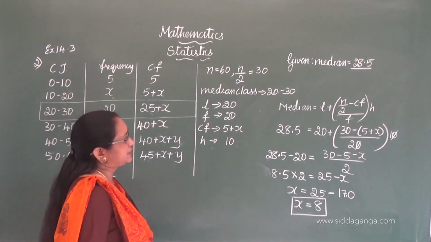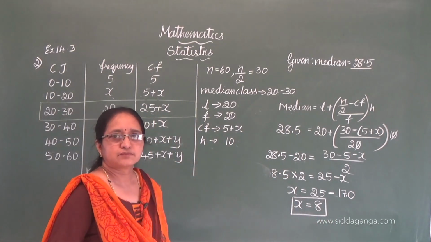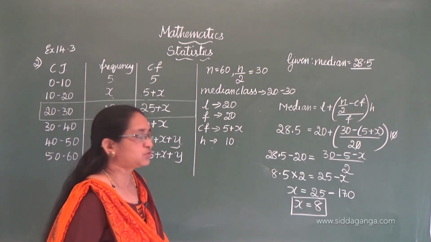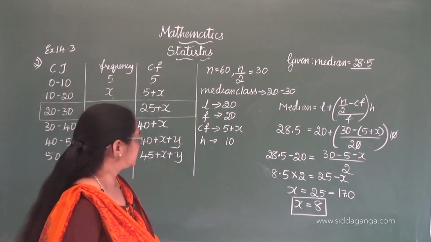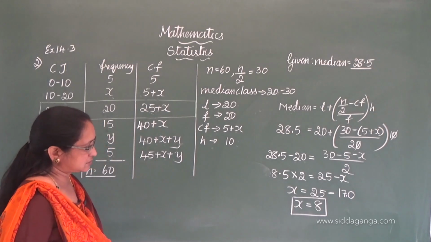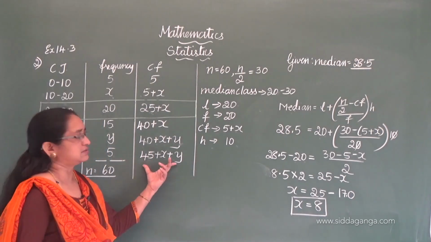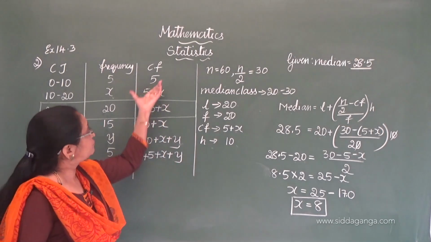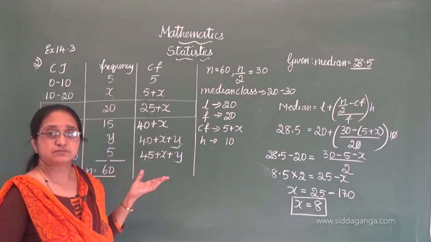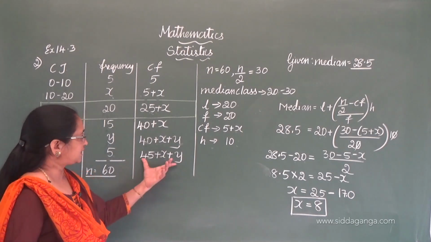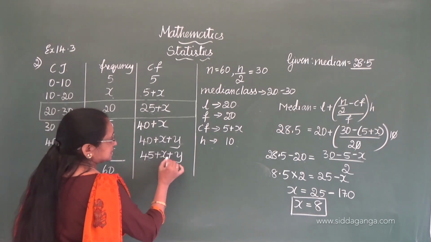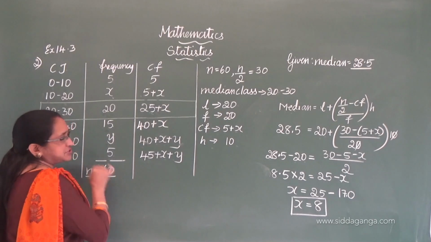How to find out the y value then? Can you think? How to find out the y value? You all have studied solving equations. See, whenever we did the sums of the known frequencies, the previous sum, the final answer, see here 45 plus x plus y should be 60.